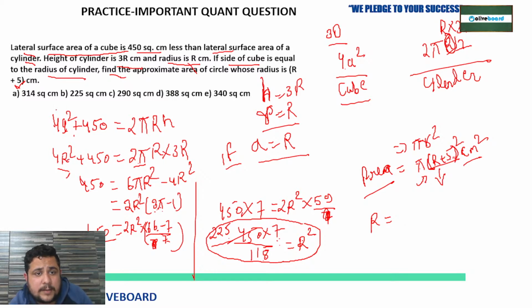Now, for your better calculation, I will put here this 2r. This is not 3r. We can put 2r, because with 3r we are getting a complicated calculation here. Our r will come in root form.